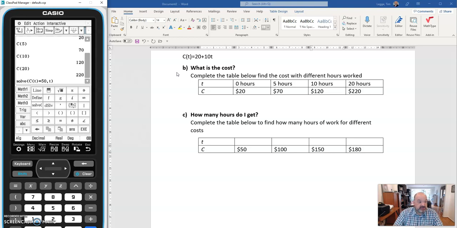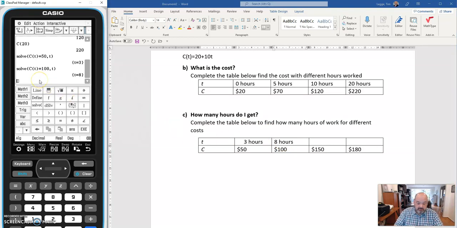When C of t, which we've defined, is 50, he worked 3 hours. We copy that one down into the table. What about when he earned 100? Solving for t, C of t equals 100. He worked 8 hours. So we go back into our table and put 8 hours.